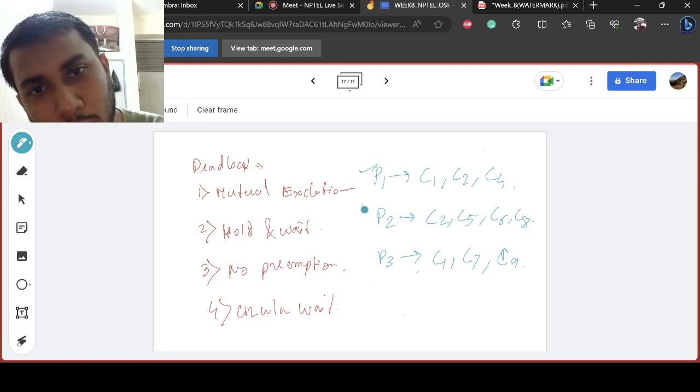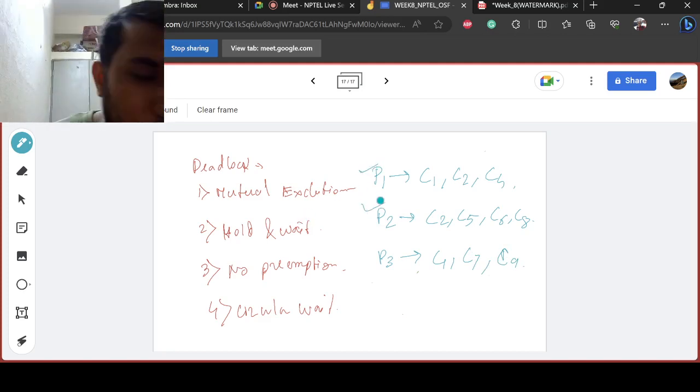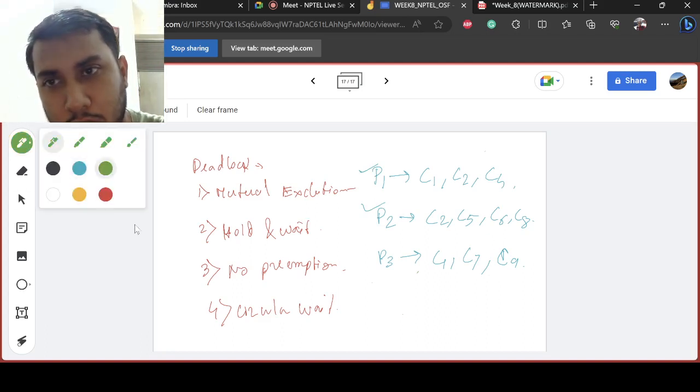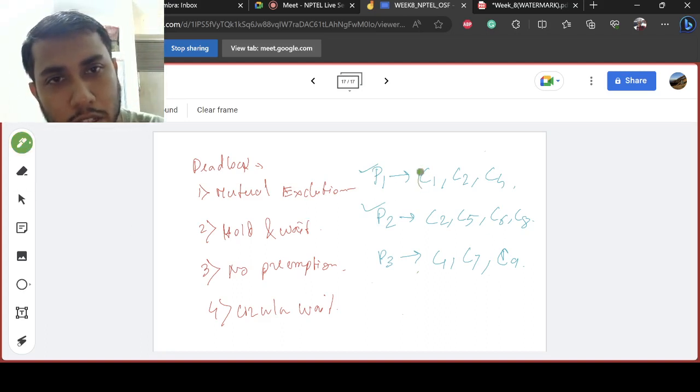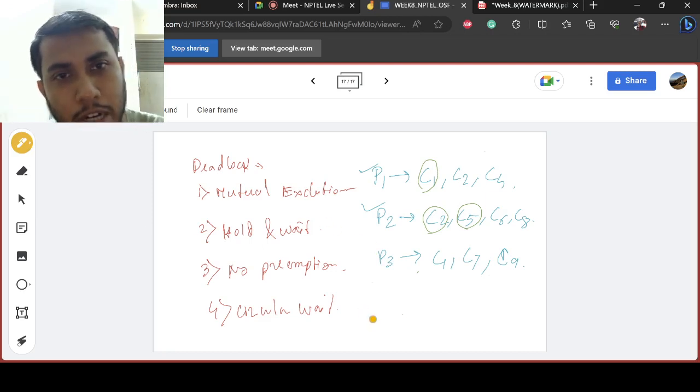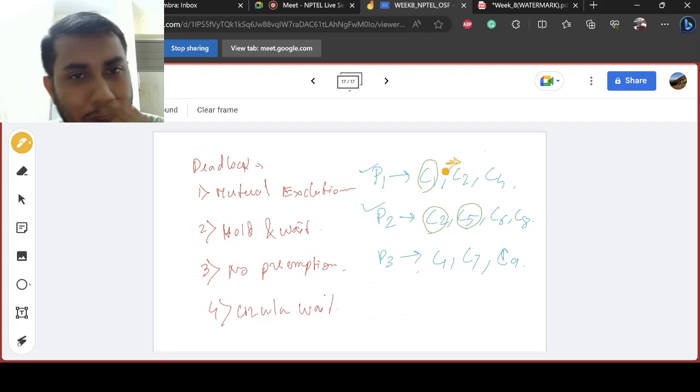Now P1 and P2, let's say, start simultaneously. P1 acquires C1, P2 acquires C2 and C5, and after that P1 is not able to get C2 because C2 is currently held by P2.